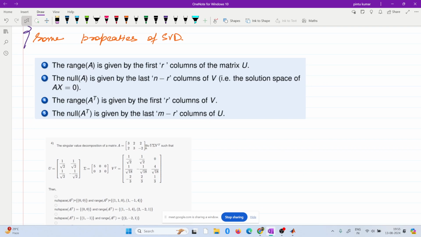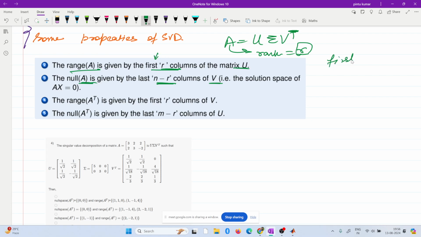If A is your matrix for which you have found the singular value decomposition, then the range of A is given by the first R columns of your matrix U, where R is the rank of A. The null space is given by the last n minus R columns of V. For first and last, you should remember to arrange your singular values in decreasing order, so first means the column corresponding to the highest singular value.